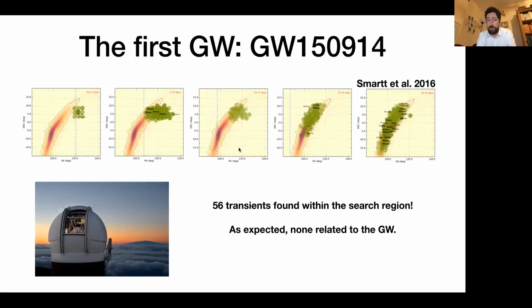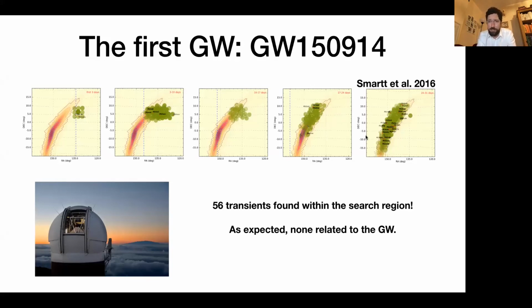The other thing I'd point out, which is really what makes hunting for counterparts to gravitational waves extremely difficult, is that within this region, these tens of square degrees that we scoured looking for something associated with this gravitational wave, there is a huge amount of unrelated astronomical phenomena.